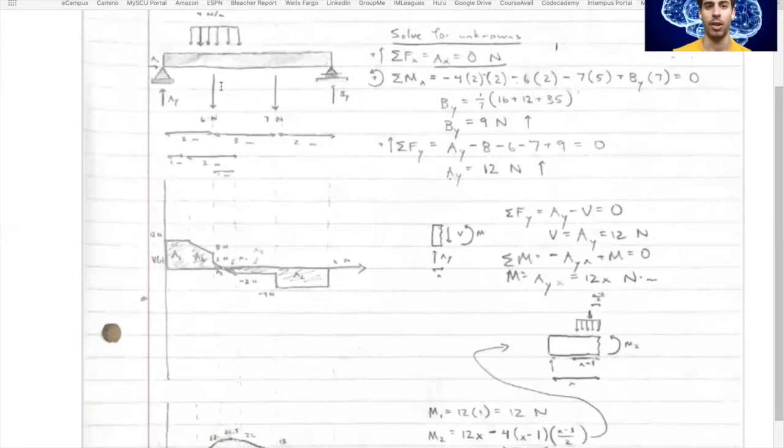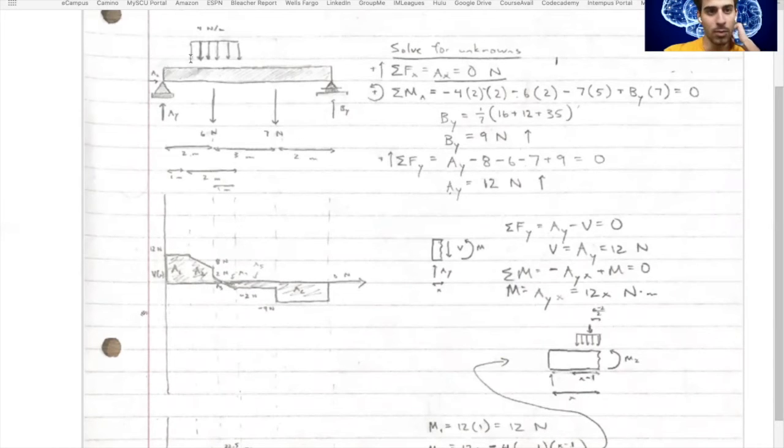So then we have our applied load, which is where things get a lot more interesting. From here to here, from the start until this extra 6 newton force going downward, the shear force varies based on the distance. So the magnitude of this changes based on where you make the cut.